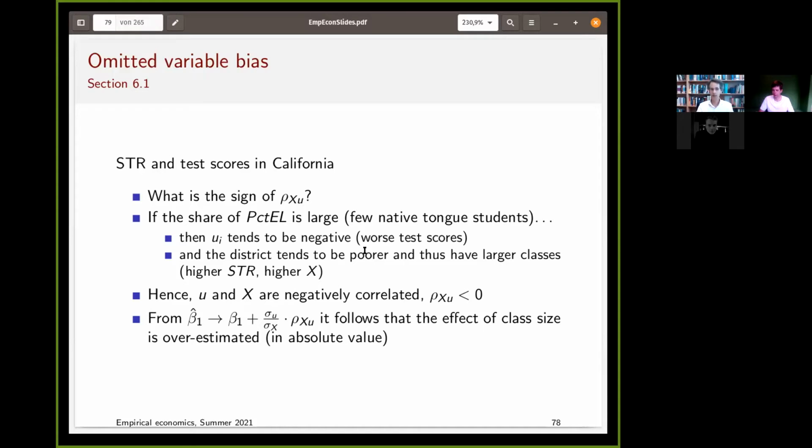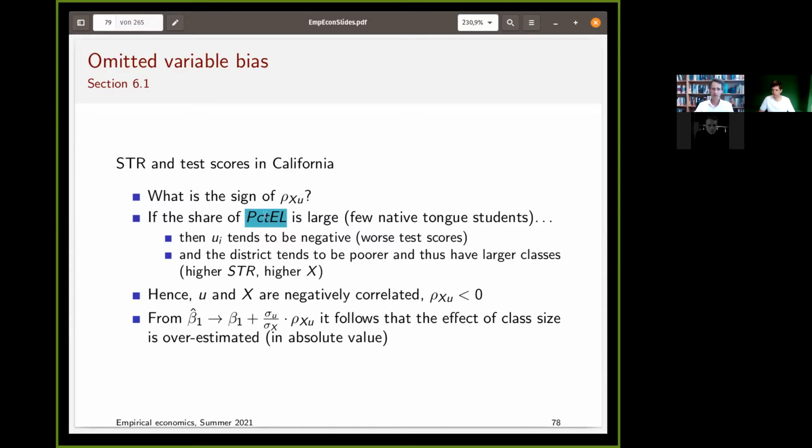And therefore, these districts will have, on average, larger classes. So the regressor in our case tends to be large. So there's a correlation between the confounding factor and the regressor. So both conditions are met. We have a direct relationship between the confounding factor PCTEL and the error term, and we have a correlation between the omitted variable and the class size.